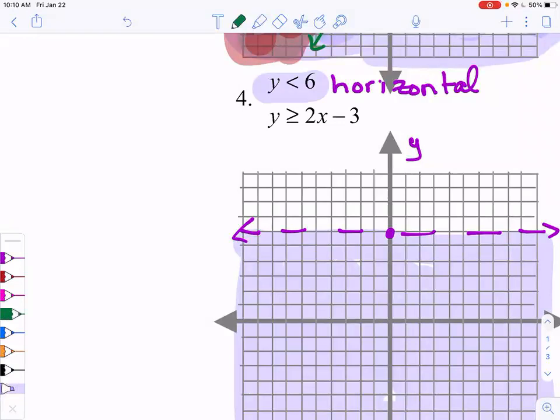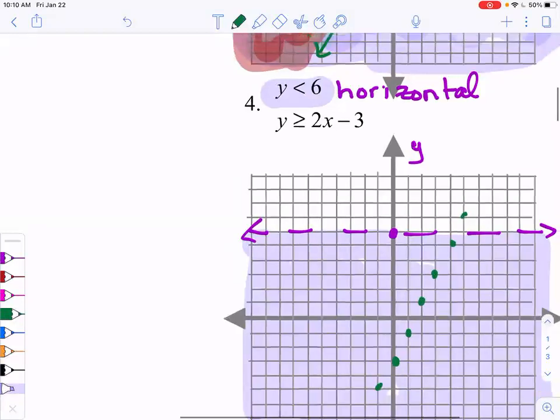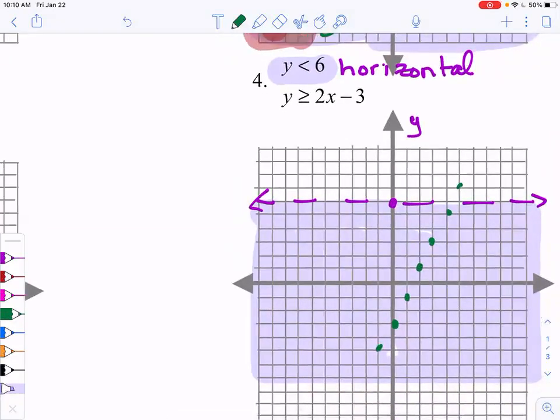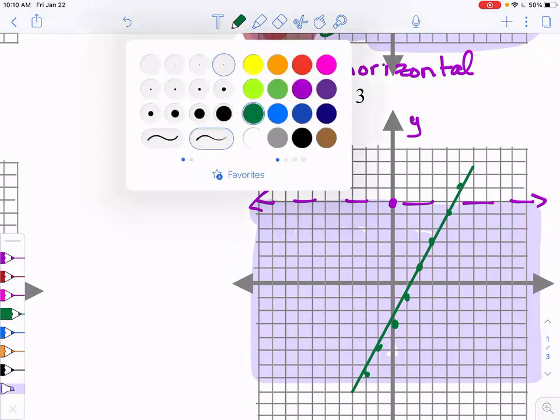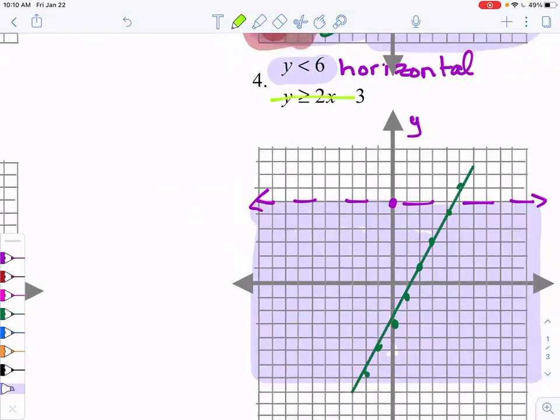The second equation has y by itself, so down to 3, up 2 over 1, or down 2 backwards 1. This one's solid because it says equal to. And this is our green. Shade above the line.